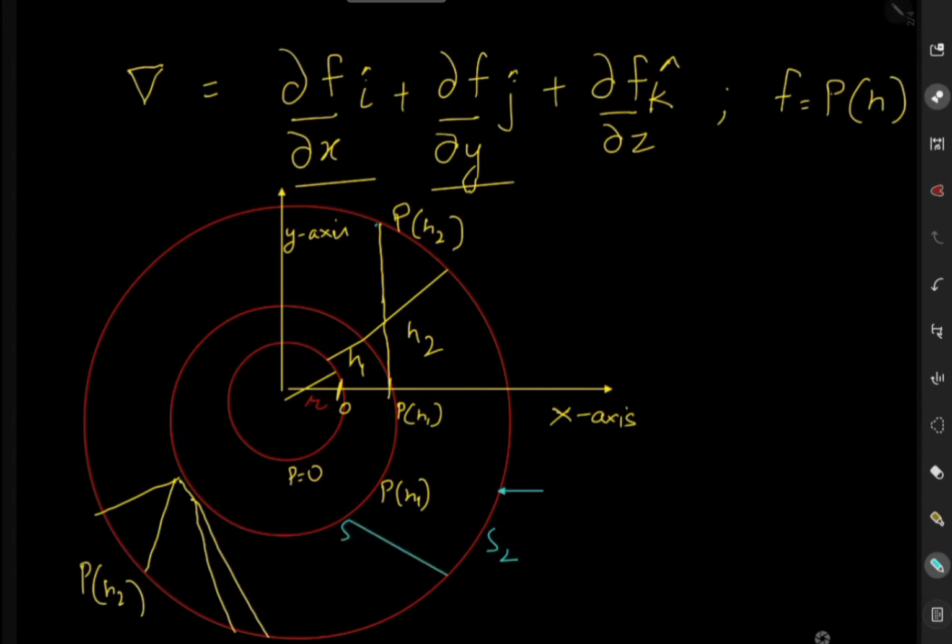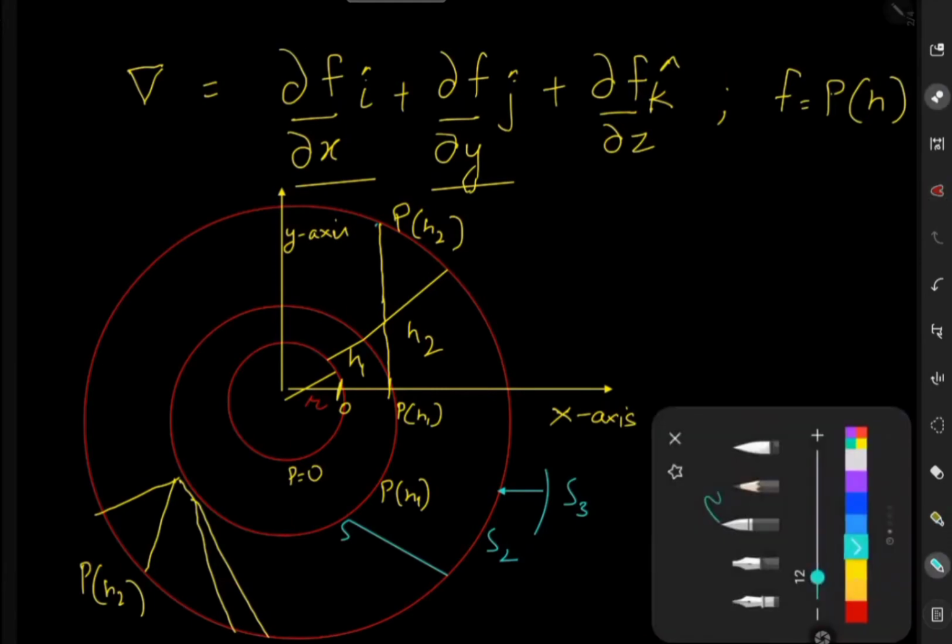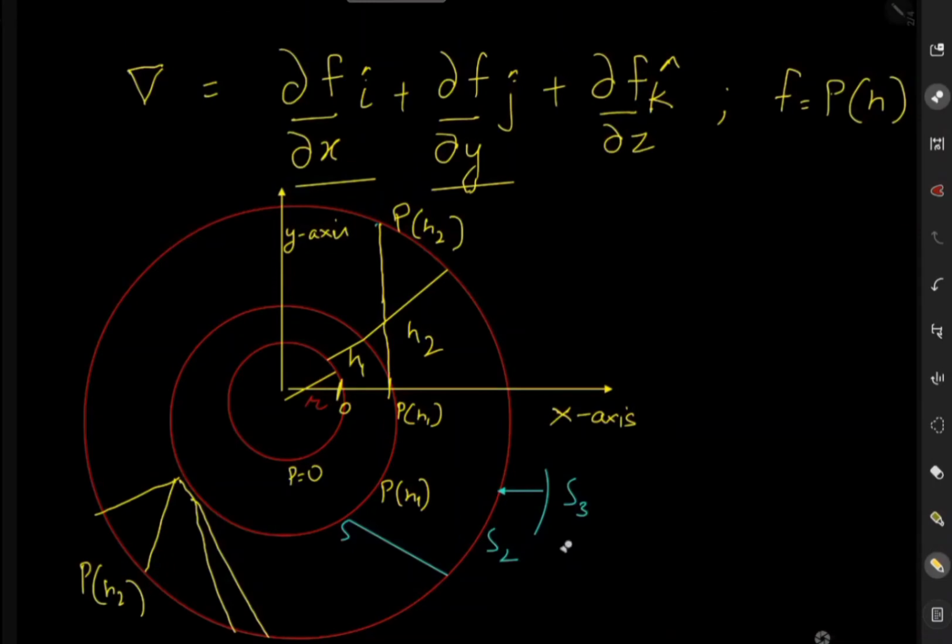If we move from S2 a further distance in z direction, we will reach another surface S3, where the potential will be P(h3).